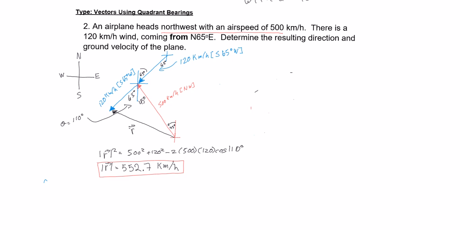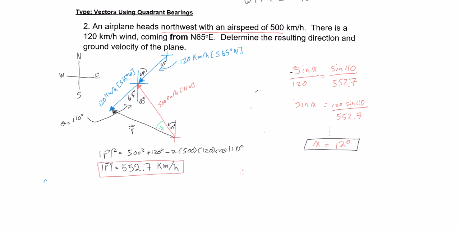So we need the angle from here to here to find the actual quadrant bearing, because we need the angle that sweeps all the way across here. So that's why we need to go and compute x. So we'll start by doing sine law for x. You work through sine law and you'll eventually get x is equal to 12 degrees.